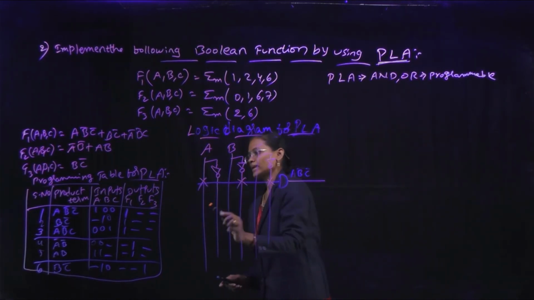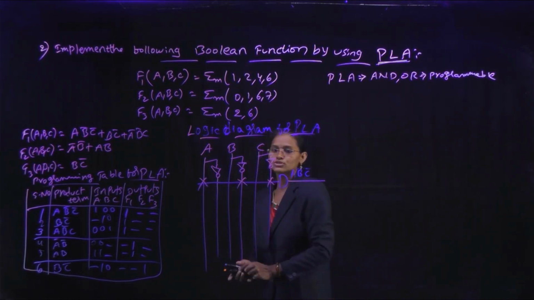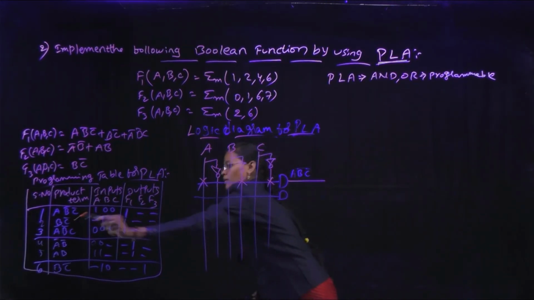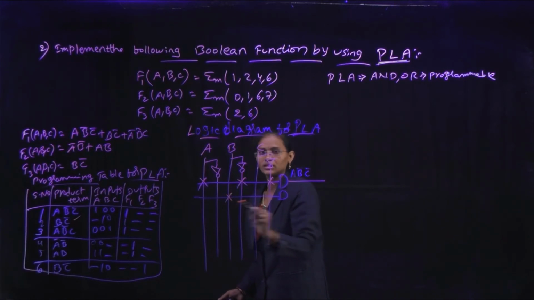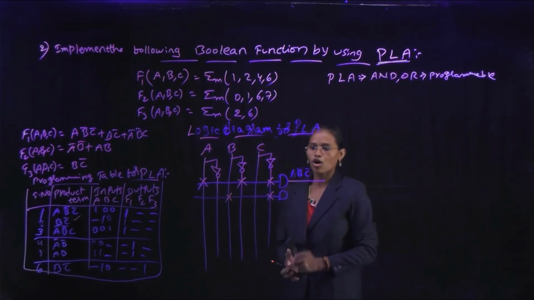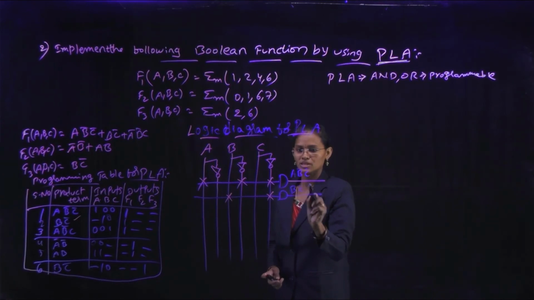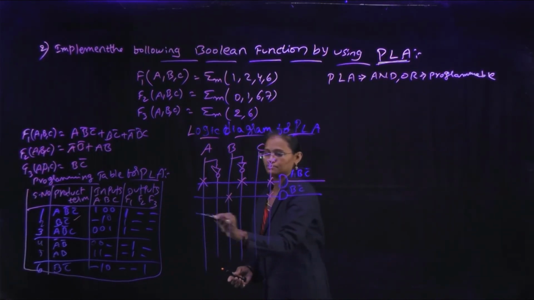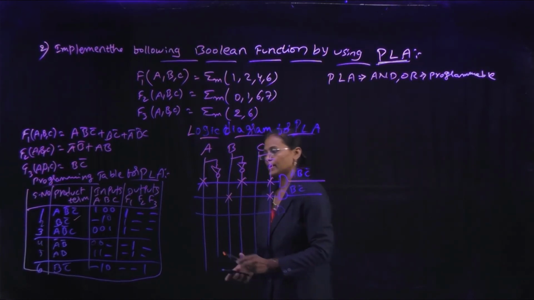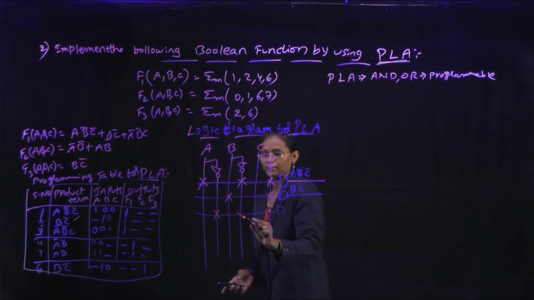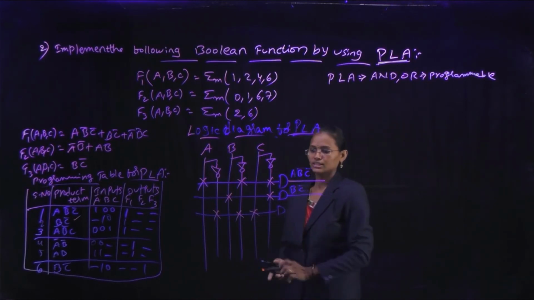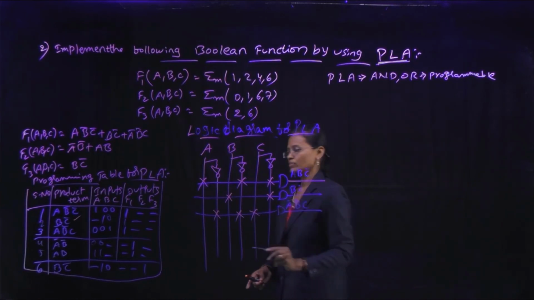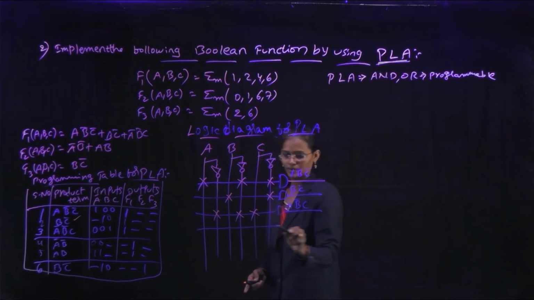And next, B C bar. First, you draw the line. This is an AND gate. Here, B, C bar. The output is B C bar. And next, A bar B bar C. The output is A bar B bar C. And next, A bar B bar.